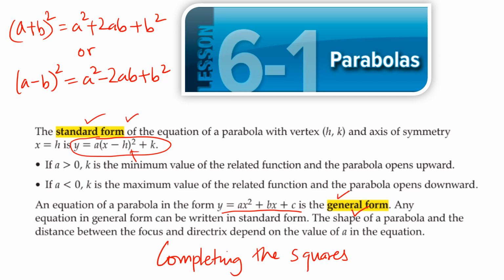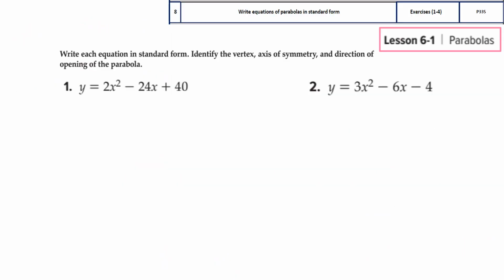While you do that, you will be adding or subtracting the same value, which is (b over 2) whole square. Just remember this shortcut. This will help you in converting from general to standard form. So let's get started with the first question from parabolas.